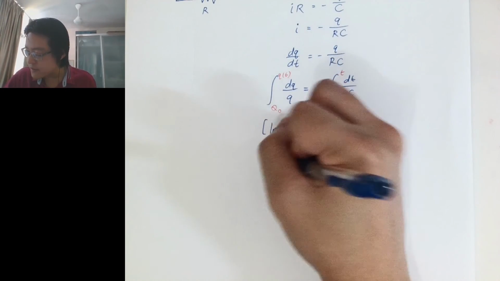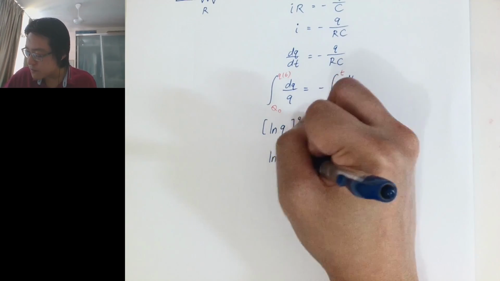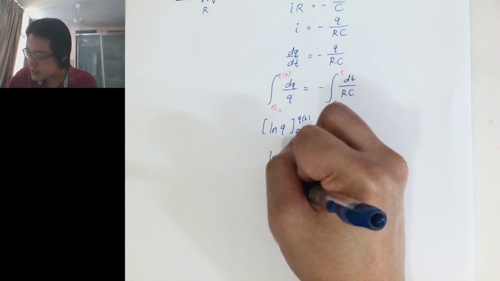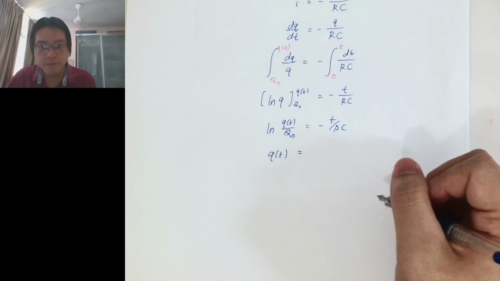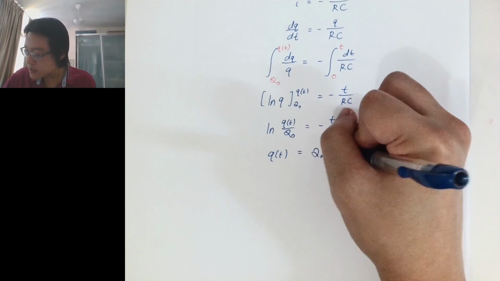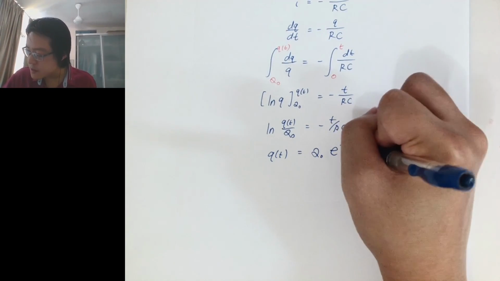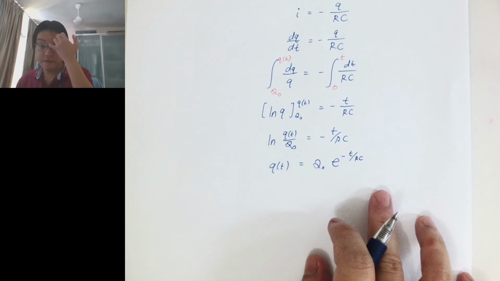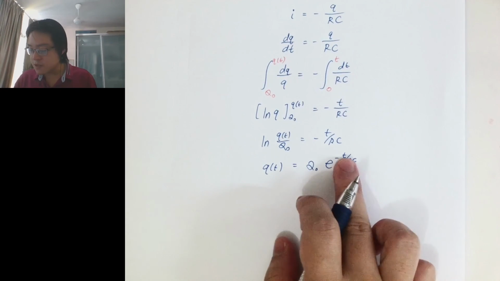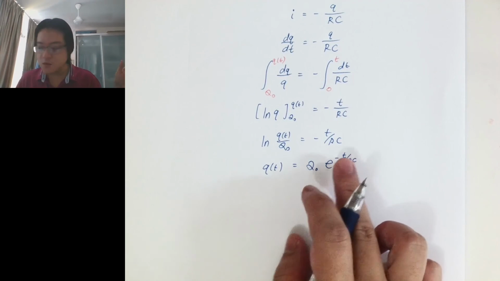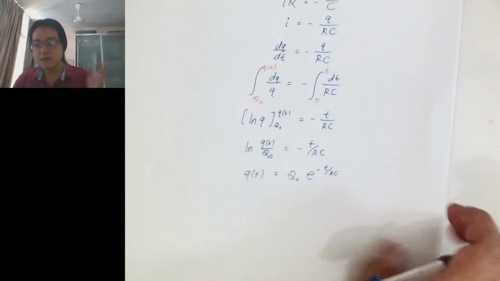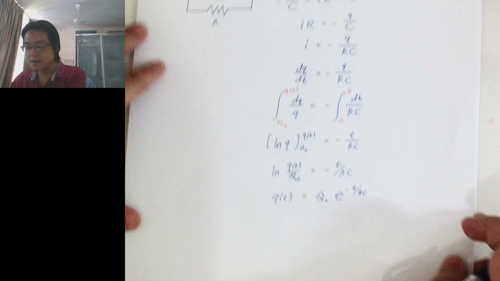So what we have here is ln of q over the initial charge equals minus t over RC. So my q as a function of t is now Q0 times exponential of minus t over RC, right? So this is my function of q. At time 0, e to the power 0 is 1, so the charge is initially Q0, but as time goes on, the charge will drop, right? So it is an exponential decay.